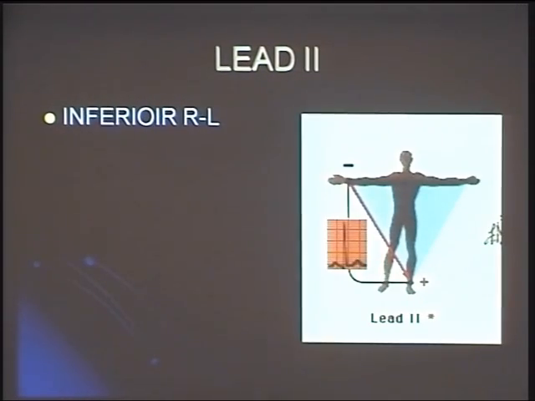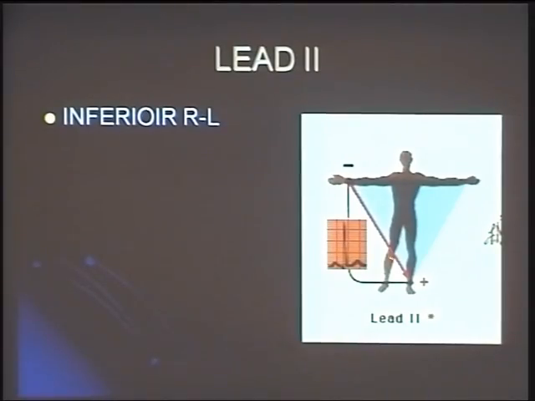Whereas look at lead 2. In lead 2, the positive pole I am connecting to the left foot, and the negative pole I am connecting to the right upper limb. So that means my right upper limb is here, left foot is here. What direction am I recording now? I am recording the inferior vectors now. The impulses going down towards my left side, from the right side to the left side.